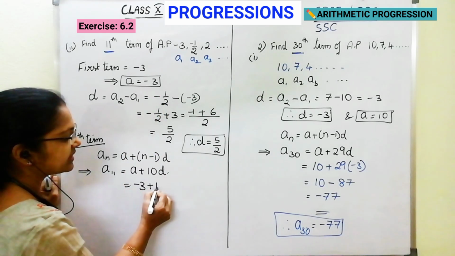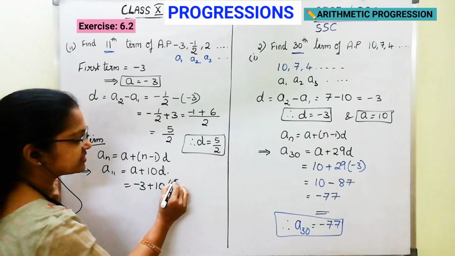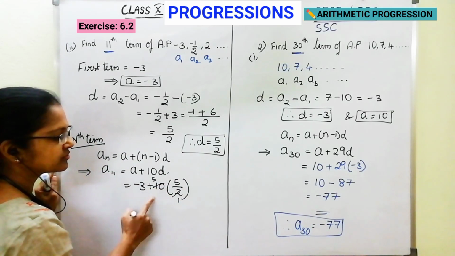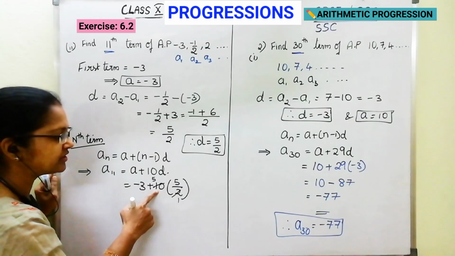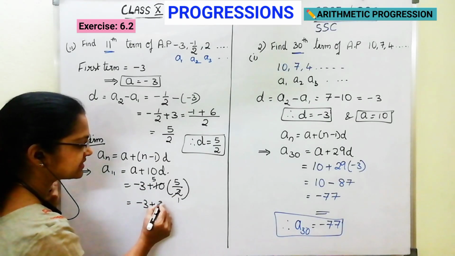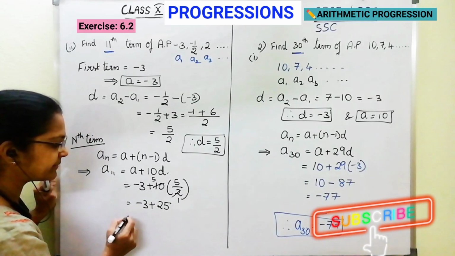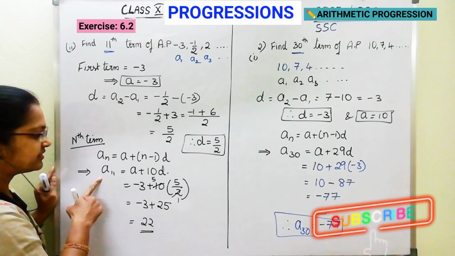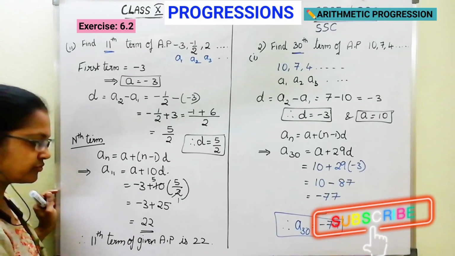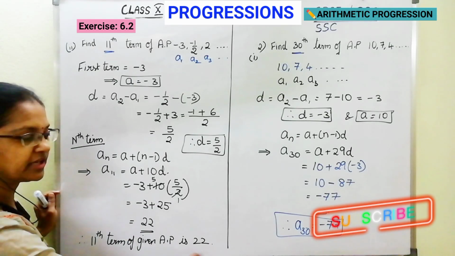Minus 3 plus 10 into D value, which is 5 by 2. 2 1s are 2, 2 5s are 10, so we can cancel with 2 table. We are left over with minus 3 plus 5 5s are 25. 25 minus 3 is 22. Therefore, our 11th term is 22. End the problem with proper conclusion. Therefore, the 11th term of the given AP is 22.